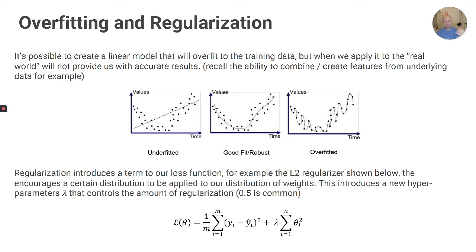So what this is going to do is encourage, because this ends up in your gradient as well. When you take the gradient of this with respect to a particular parameter, you're adding lambda times the parameter to your gradient as well. So you're penalizing the gradient for getting too big, essentially.